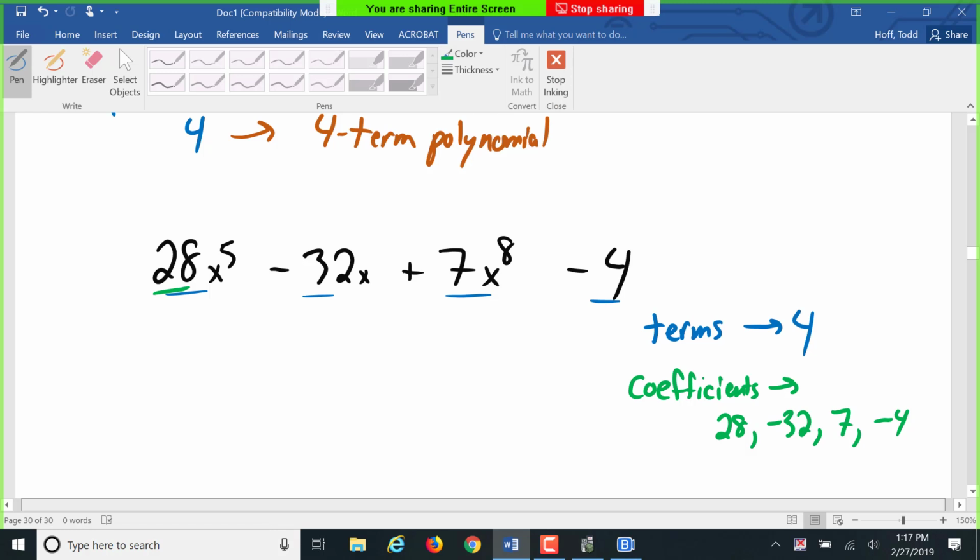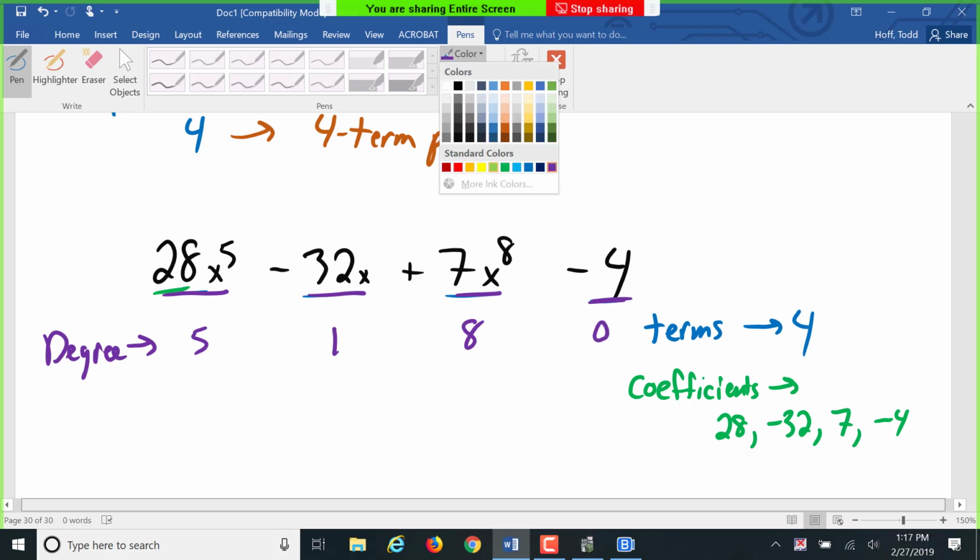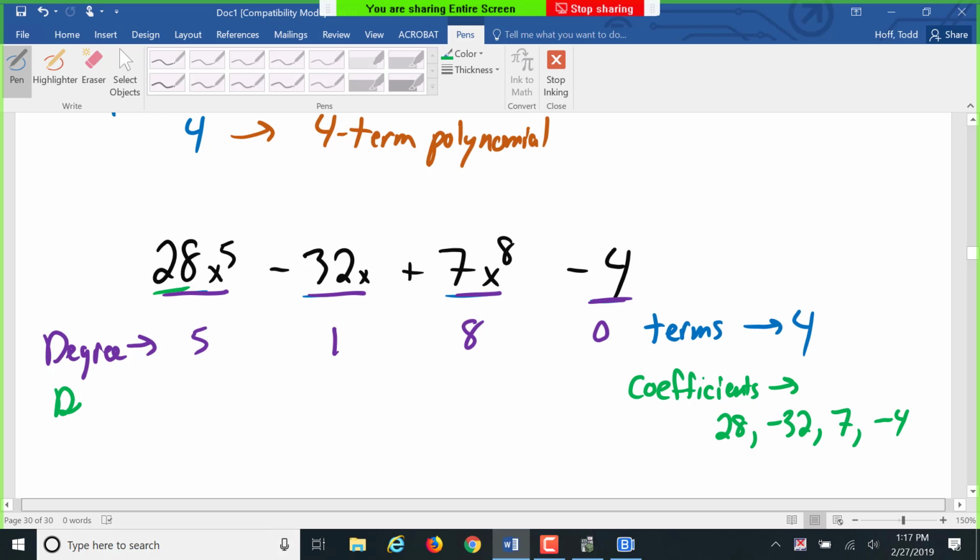What is the degree of each term? This first term has a degree of 5. This term has a degree of 1. This term has a degree of 8. And this last term has a degree of 0. So what is the degree of the polynomial?